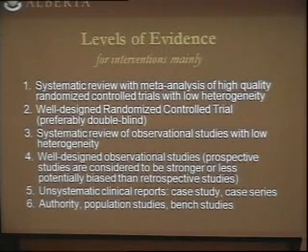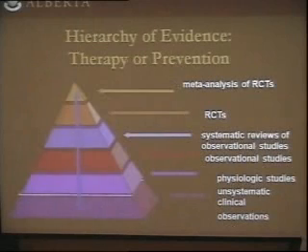Yesterday there was a question, and we alluded to the levels of evidence, and I just want to allude to that again as we build up the searching techniques this morning. Some people will start with a pyramid where a meta-analysis of RCTs, so a systematic review, is at the very top.